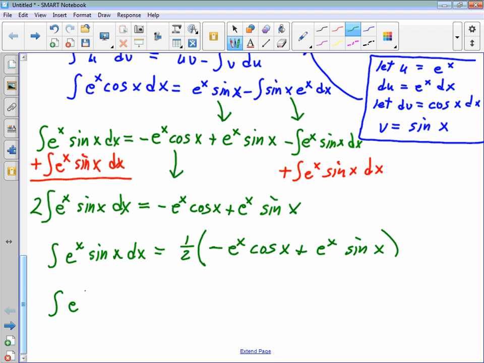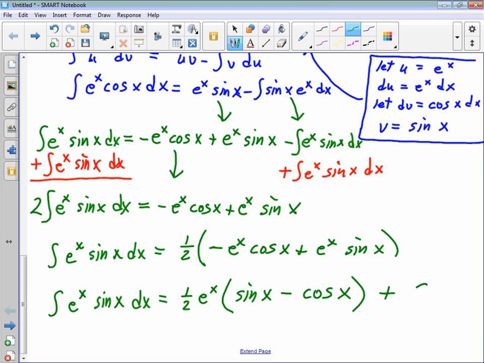The integral of e to the x sine x dx equals, okay, notice there's an e to the x in this term and an e to the x in this term, a plus in between, so we can factor it out. So we can say 1/2 e to the x times, and normally, you don't have to, because normally this is a minus, this is a plus, you'll just go sine x minus cosine x, and then don't forget plus c.